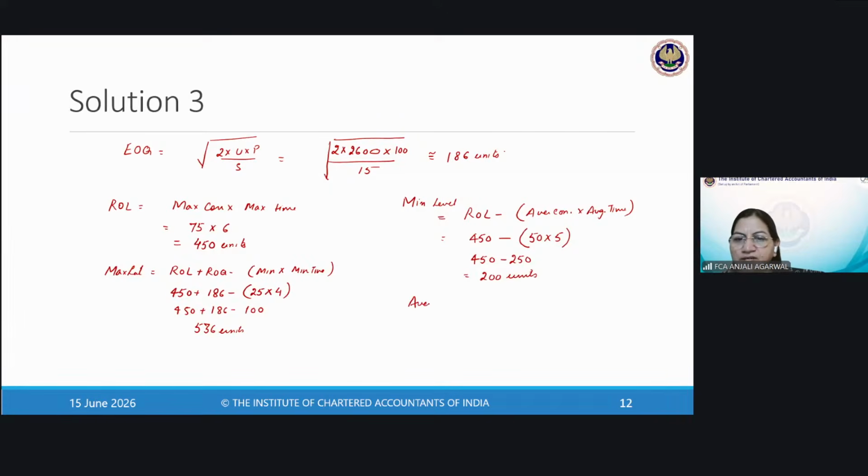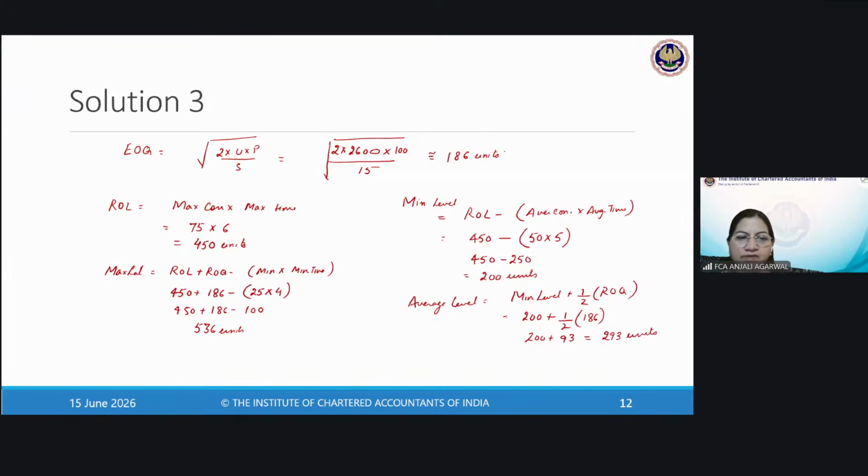What would be the average level? I'll use minimum level plus half reorder quantity. So 200 units plus half of 186 units, 200 plus 93. Your average level would be 293 units.